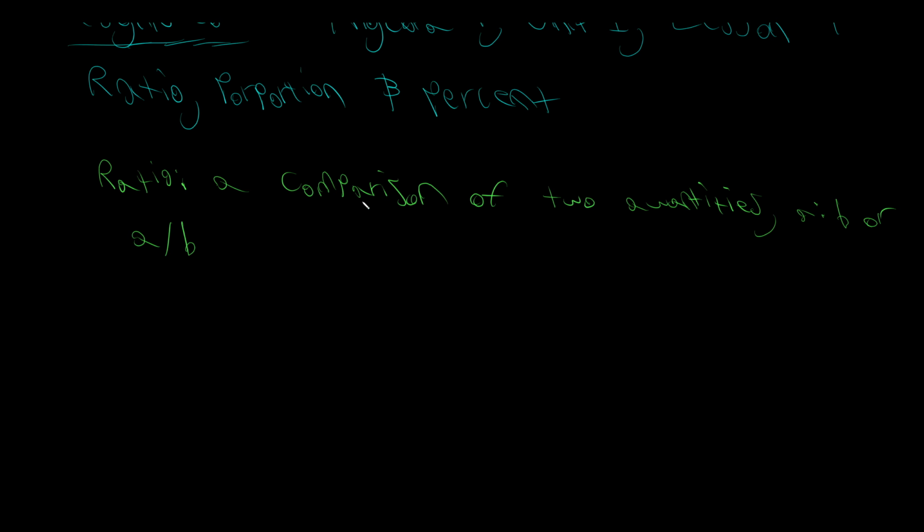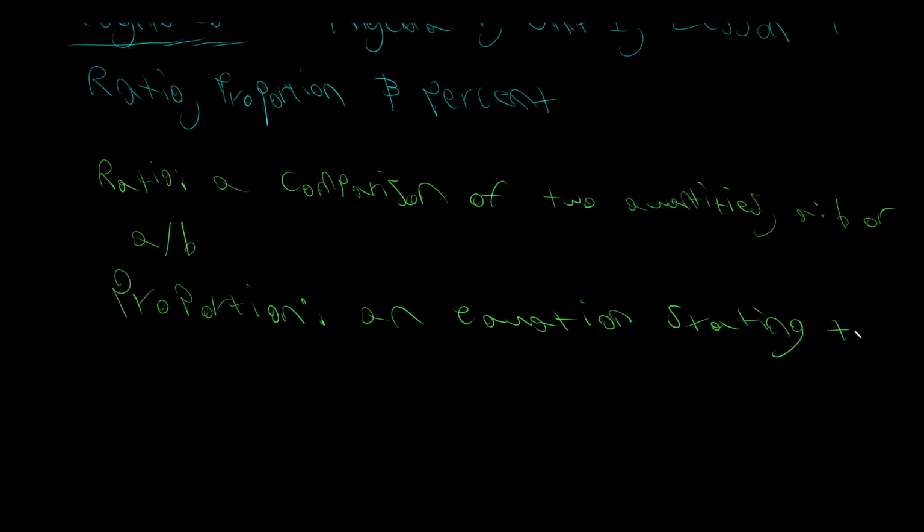And we have proportion. I spelled that wrong there, that's my bad. If you're taking notes, you might want to change that. A proportion is an equation stating two ratios are equal.